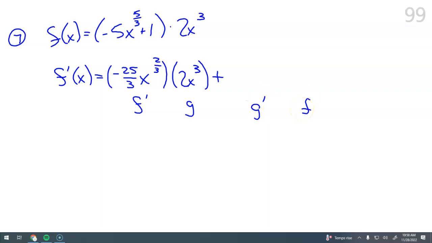So g prime is 6x squared. And f is just rewriting that. There's a whole bunch of ways someone could decide to simplify that, but I don't really have any problem with that. There are no negative exponents. All that's left is multiplying and adding.